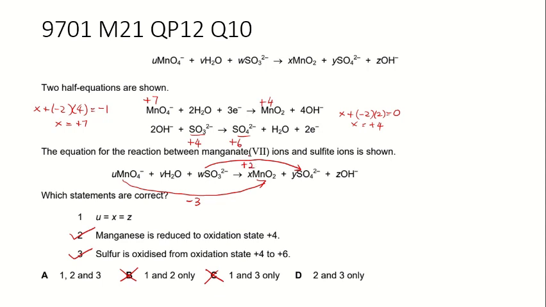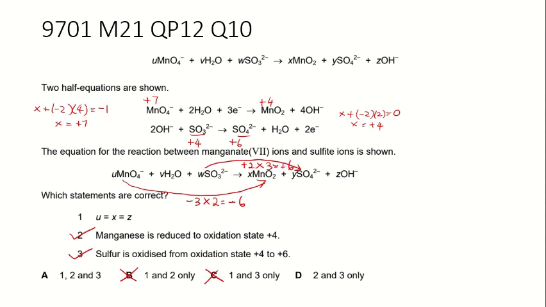Plus 4 plus 2, you get plus 6. So now this one is a simplification. There's a transfer of electrons between these two species so that their oxidation number can change. So we want to make these two magnitudes the same. Now this magnitude is 2, this is 3. So we have to multiply this by 3, multiply this by 2, so that we get the same magnitude. 6, and this one also 6.